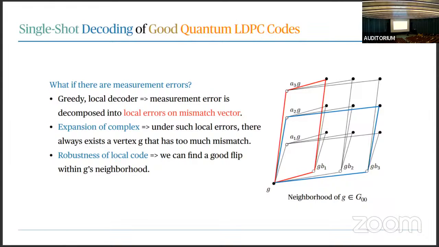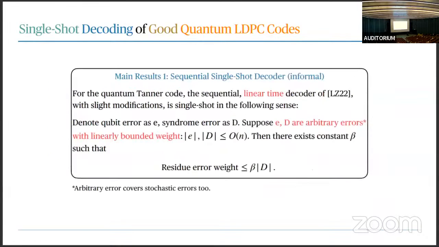Utilizing a similar argument of this expansion and robustness of local codes, utilizing this argument of global properties to local properties, local properties to global properties, you're able to do a correction such that the residual error will be small. So let me give some more formal statement of what we have actually proved.